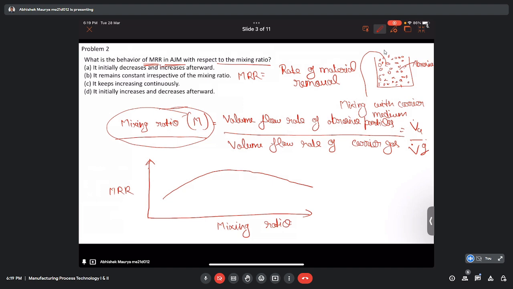So it is common sense, we can say, if we keep on increasing the abrasive particles, then definitely more material will get removed. But it doesn't happen. After a critical value of mixing ratio, if we further increase the volume of the abrasive particles, then MRR starts decreasing. So can you think of why it is happening?